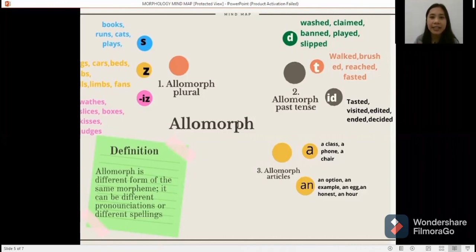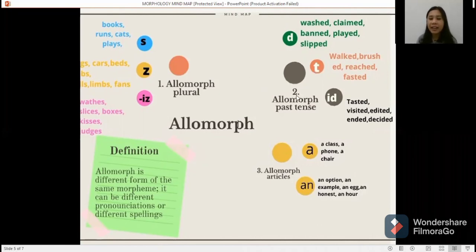It turns to be an /s/ sound if we have words like books, runs, cards, plays, and etc. And it turns to be a /z/ sound if you have words such as legs, cars, beds, webs, limes, fans. And it turns to be an /iz/ sound if we have words such as watches, slices, boxes, kisses, judges.